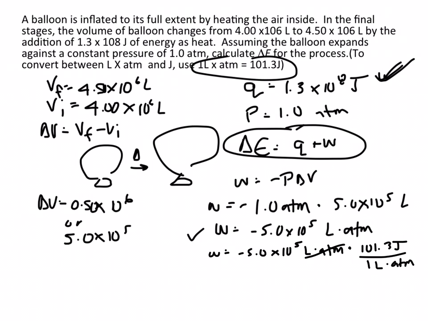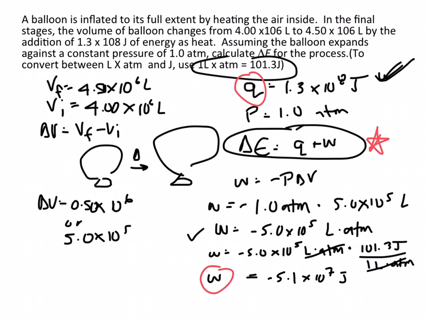Go ahead and plug those in. Units cancel out there, and our work is going to be equal to negative 5.1 times 10 to the 7th joules. So now that we have both Q and W in the appropriate units, we plug them into this equation to get our final answer.